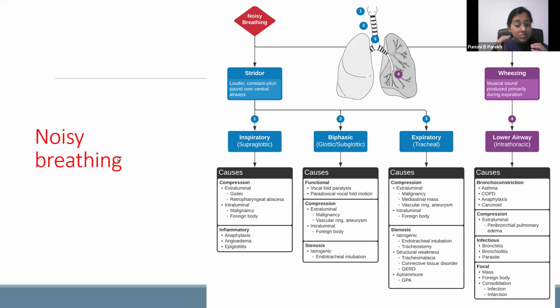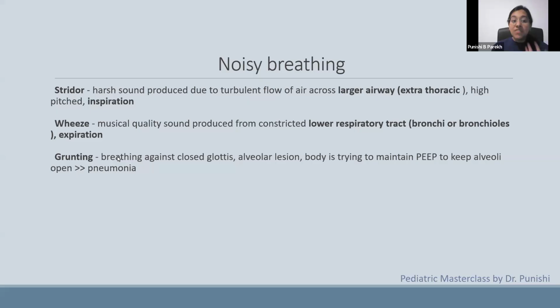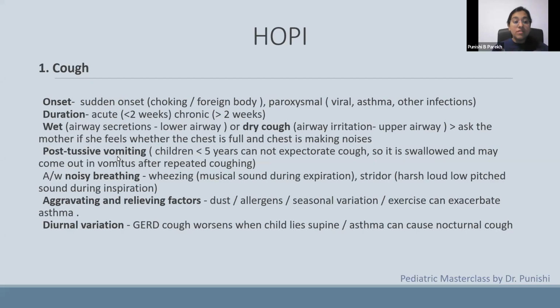And where exactly is the anatomy of the lesion? Having said that, it's difficult for the parent or the informant to tell you exactly what kind of noisy breathing it is. So it's going to be difficult to differentiate only on the basis of history whether it really is stridor, wheezing, or grunting. But definitely, you can ask whether there's a history of noisy breathing associated with cough.